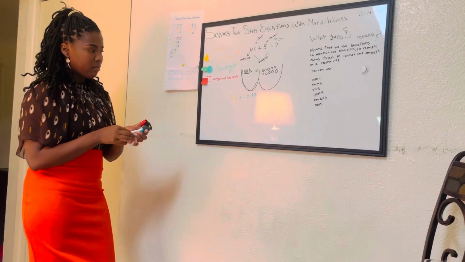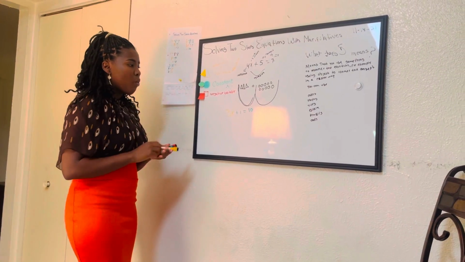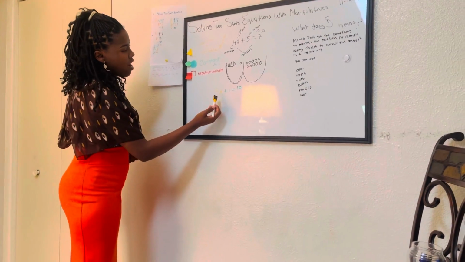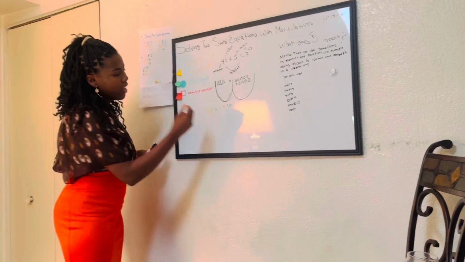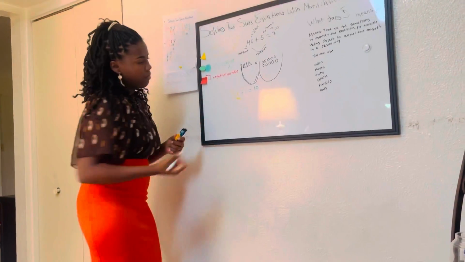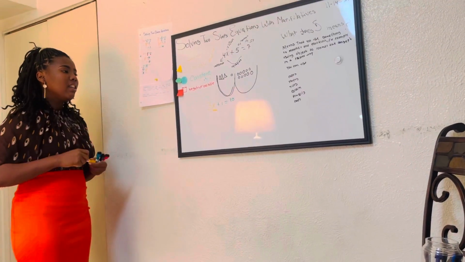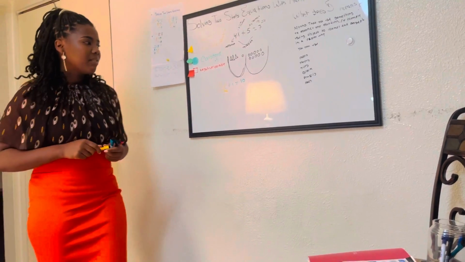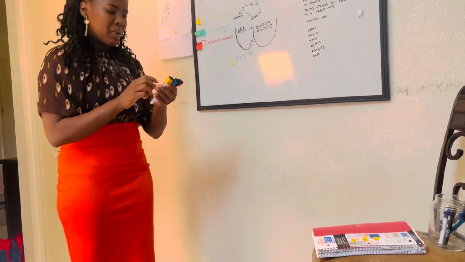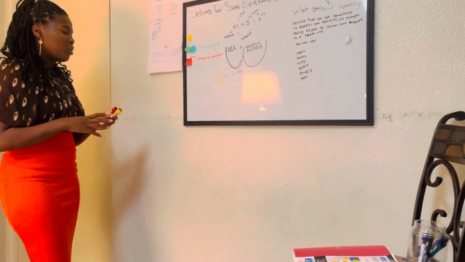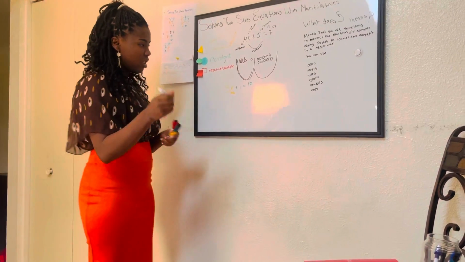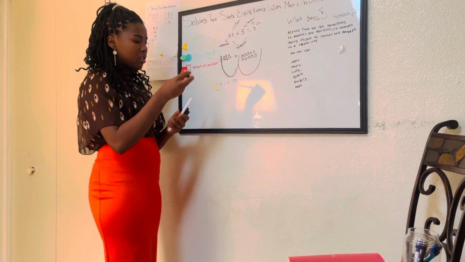Okay. So we have to leave the variable alone, which means the x needs to be alone. So we need to find the value of x. It's going to be pretty easy. You guys just need to pay attention to how to do it. So we're going to use the green one.